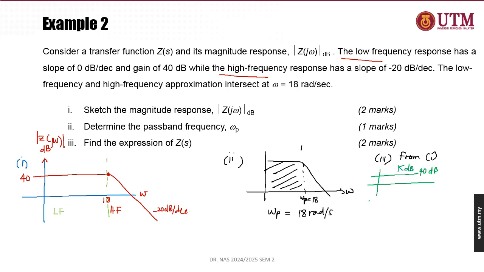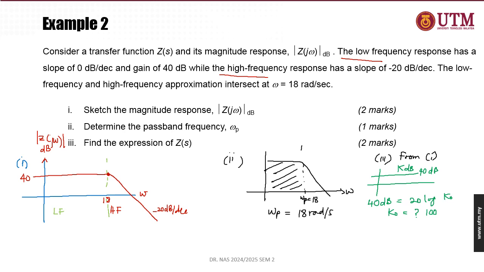So we know that 40 dB equal to 20 log of K naught. Therefore, your K naught equal to 100. Okay, so please calculate 10 to the power of 40 divided by 20. Okay, so you should get 100.